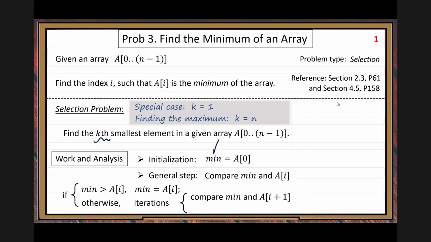Next iteration, we compare min and A of I plus 1, and so on, until I equals the index of the last element, n minus 1. After we finish all the iterations, we can return the value stored in this min variable. We get the answer. That's the answer. All right?